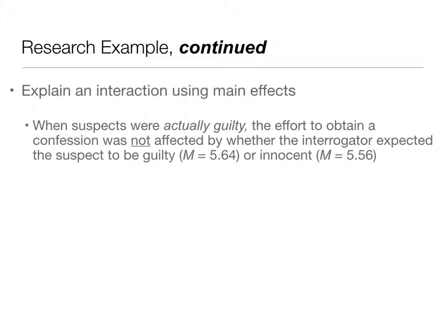So when suspects were actually guilty, the effort to obtain a confession was not affected by interrogator expectation, innocent or guilty, right? And so it talks about the two difference. That's the first part of describing this interaction, because there was no difference there, right? 5.56 and 5.64 are essentially the same.